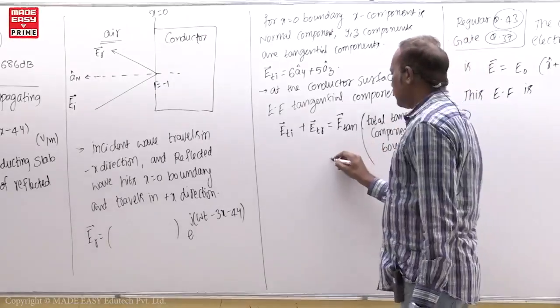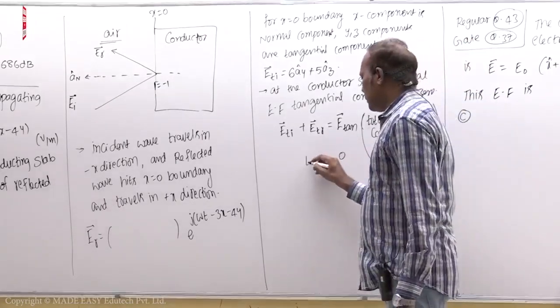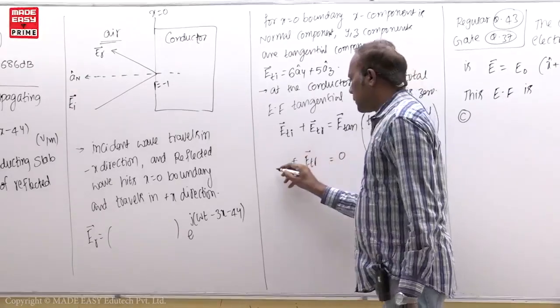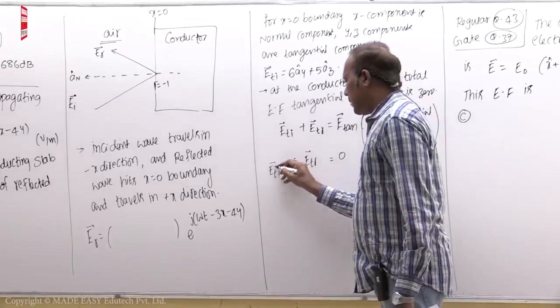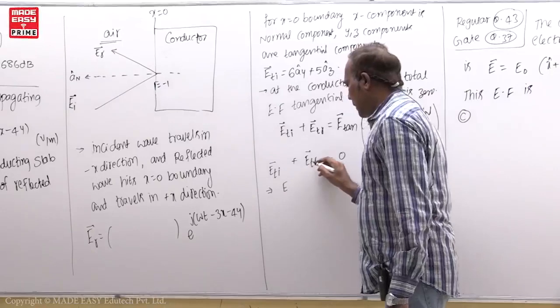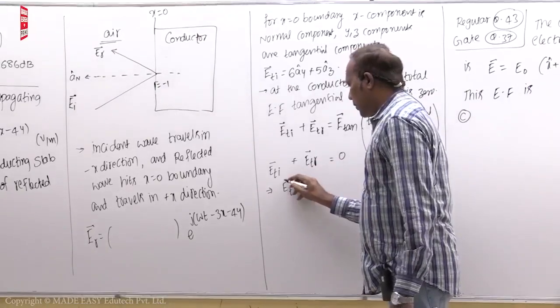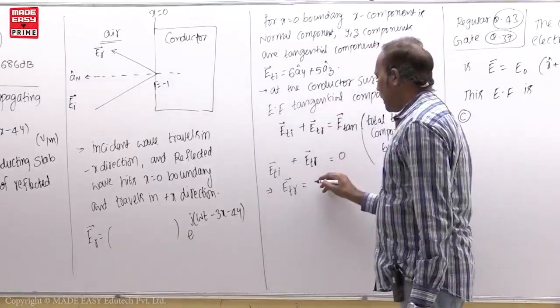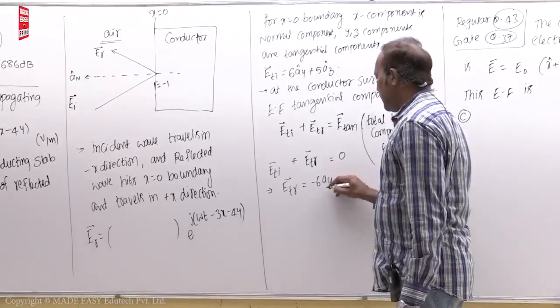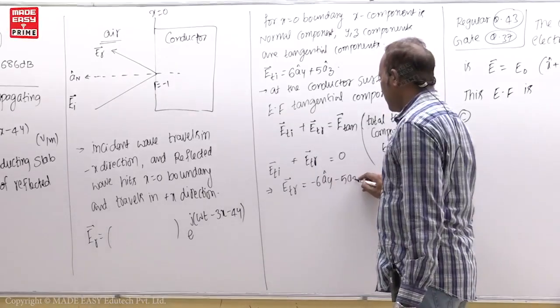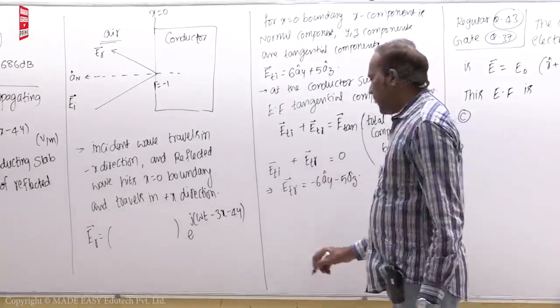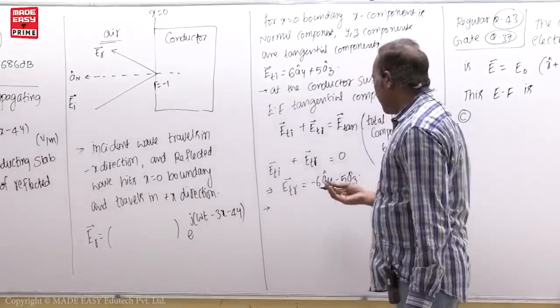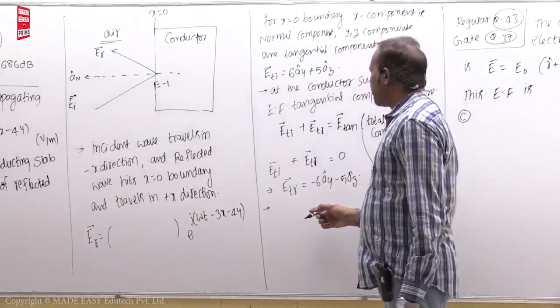Now this is 0. 0 is equal to ETR plus ETI. That implies the tangential component of the reflected electric field is the opposite of this one, minus 6ay and minus 5az.